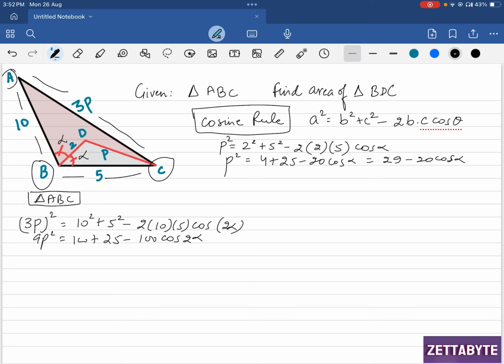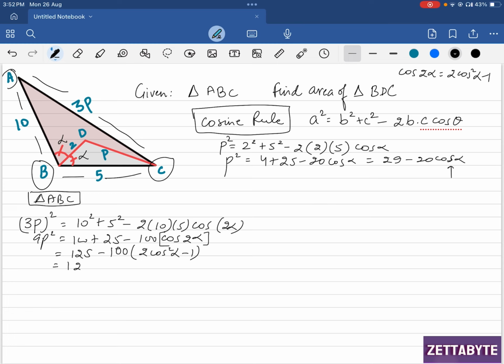Can we convert this cos 2 alpha into cos alpha? Can I have a formula for that? I certainly can. Cos 2 alpha is equal to 2 cos square alpha minus 1. So 125 minus 100 times 2 cos square alpha minus 1.